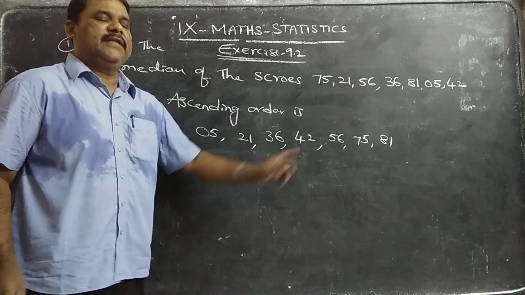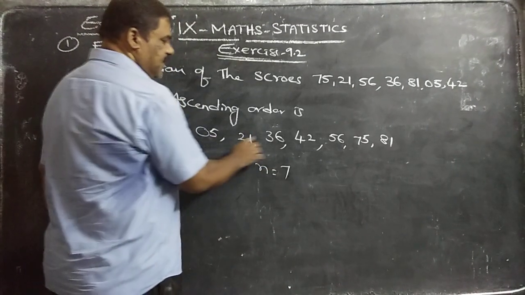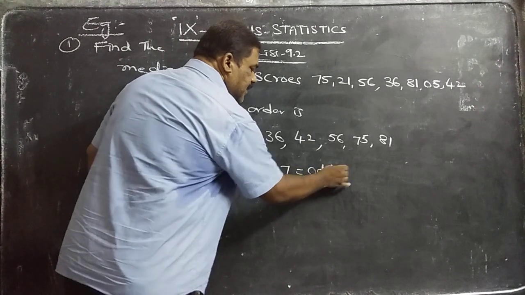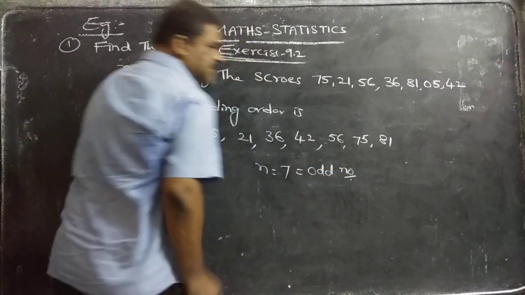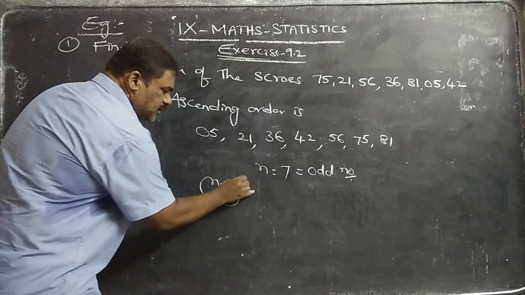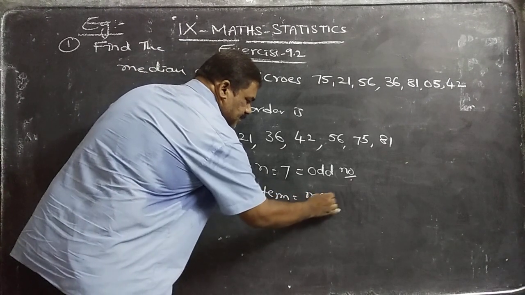So first we should write the ascending order. The number of observations here, n, is 7. If the number of observations is an odd number, 7 is an odd number, then the (n plus 1) by 2th term is called the median.